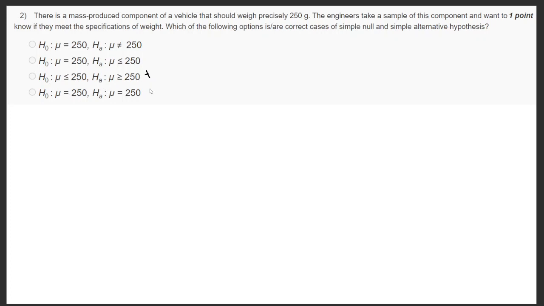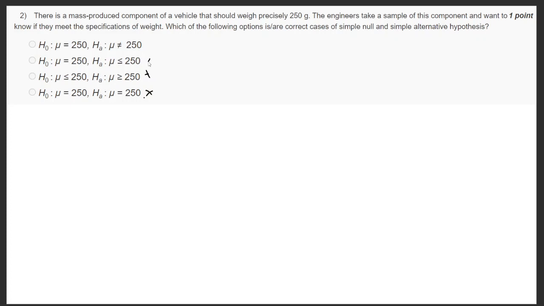And this is a simple null hypothesis, because they are defining 250 as the mean value, but the alternative is also 250. This is not possible with an alternative hypothesis. The alternative should contradict or add more information to the null hypothesis.